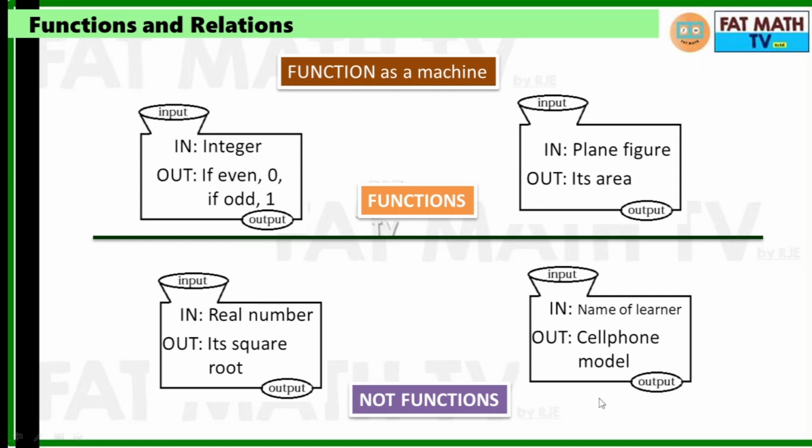I also have a Samsung Galaxy. So a learner may have two outputs. That pairing or relationship will not constitute a function, because for a function there should be only one output.